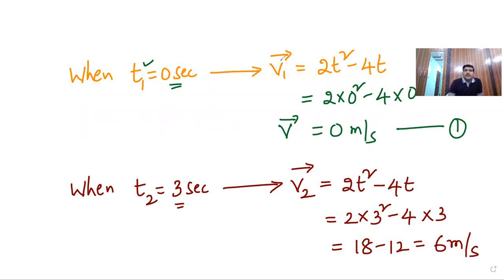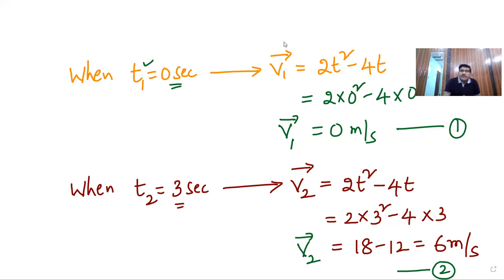Here V1 bar is 0 meter per second and V2 bar is 6 meter per second. This is the second step. So observe carefully. When time T1 was 0 seconds, corresponding V1 bar was 0 meter per second. When time T2 is 3 seconds, corresponding V2 bar velocity is 6 meter per second.